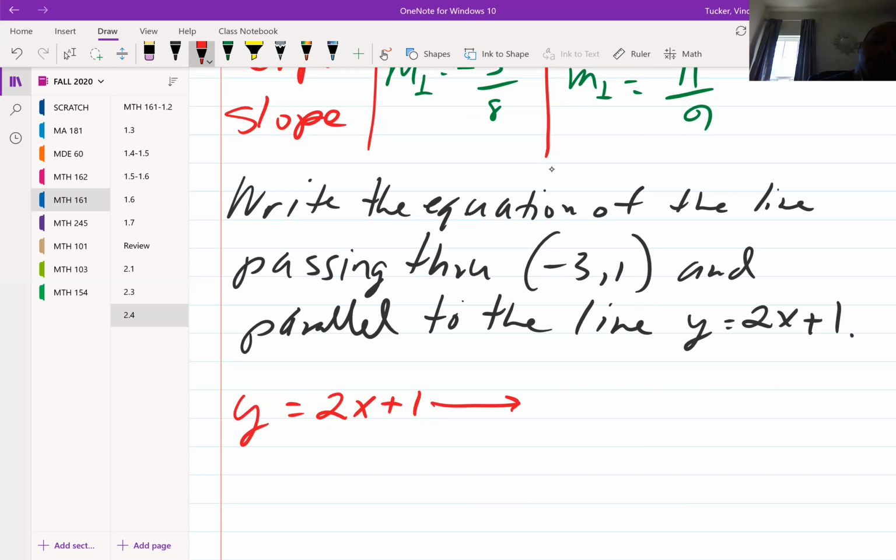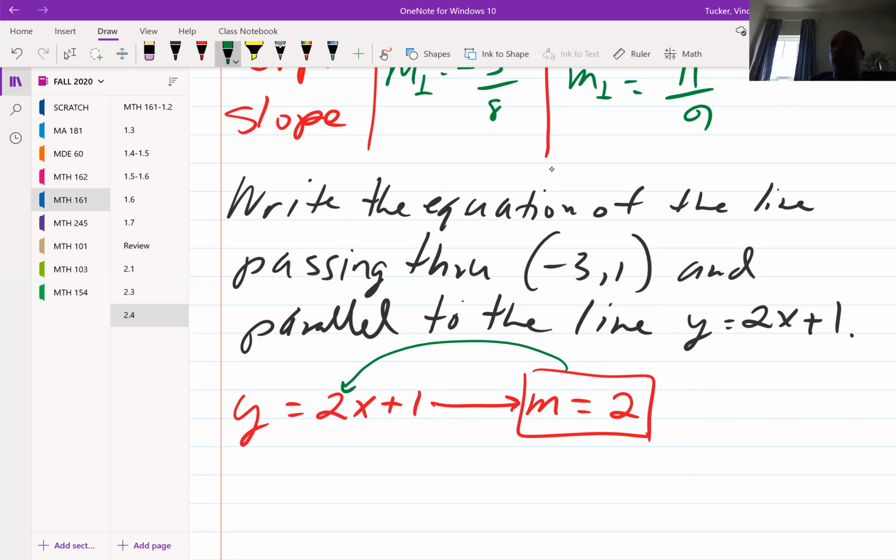The slope of this line is 2. That comes from what's sitting in front of your x whenever your equation is in slope-intercept form. In other words, when y is by itself on one side of your equation, whatever's sitting in front of x is your slope.